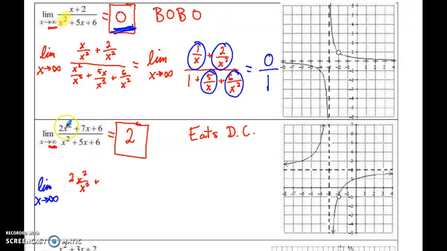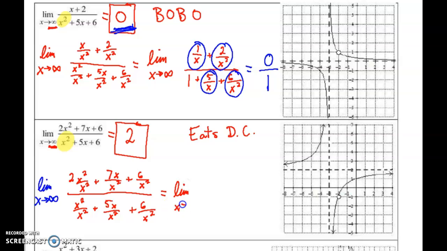By the way, I'm looking at the denominator. I didn't get that from the numerator. It's always the denominator. 7x over x squared plus 6 over x squared all over x squared over x squared. You can see why, if this is a multiple choice question, you probably wouldn't do all this work.